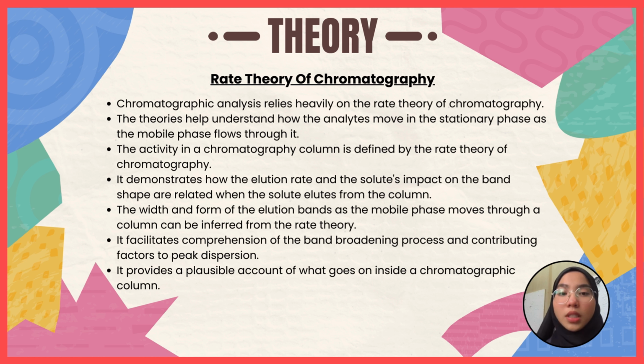It demonstrates how the elution rate and the solutes' impact on the band's shape are related when the solutes elute from the column. The width and form of the elution bands as the mobile phase moves through a column can be inferred from the rate theory. It facilitates comprehension of the band broadening process and the contributing factors to peak dispersion. It provides a plausible account of what goes on inside a chromatography column.